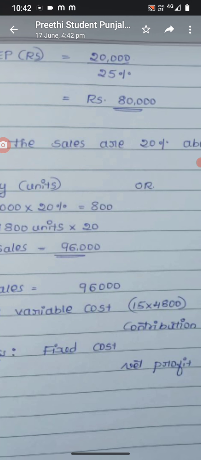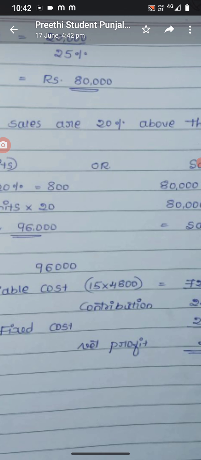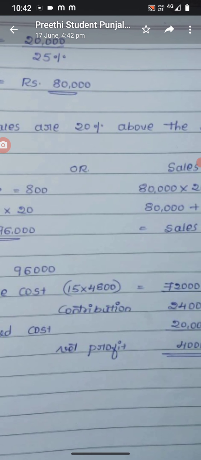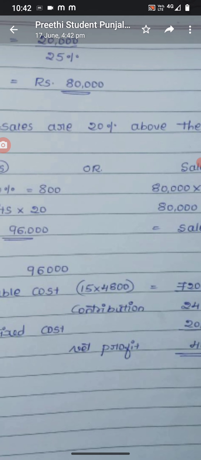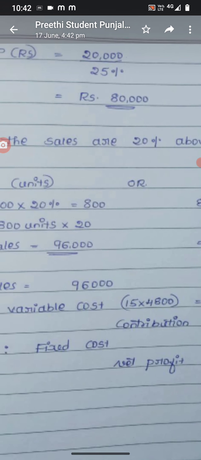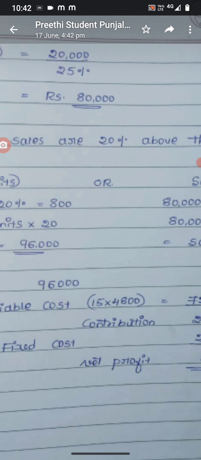Then variable cost you have to calculate: 4,800 into 15. That includes direct material, direct wages, direct expenses and variable overheads. Now how is this 15? 15 is the total of all those variable costs, so the total is 15 rupees.